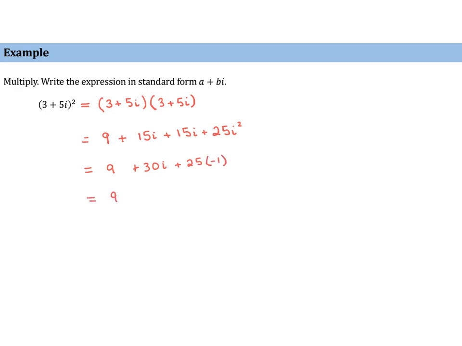So we have 9 plus 30i minus 25, which is going to be -16 plus 30i. But what I want you to notice here is that taking a complex number and multiplying by itself, we still have an i present.